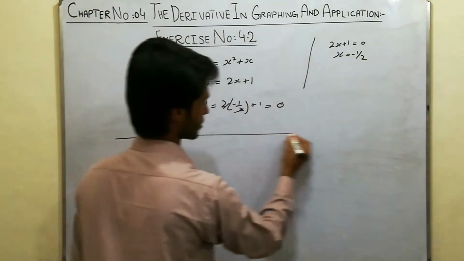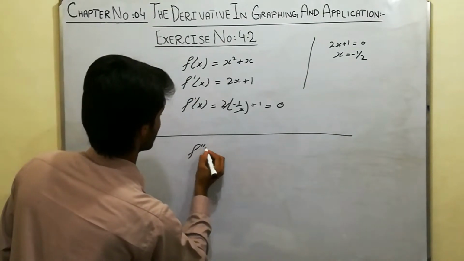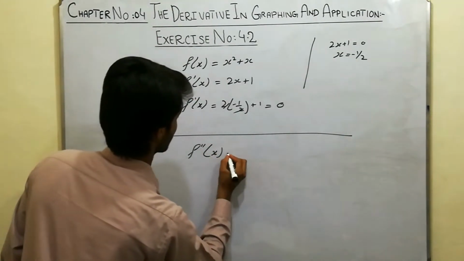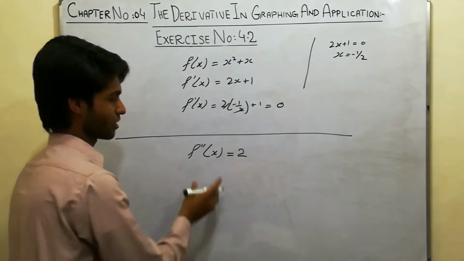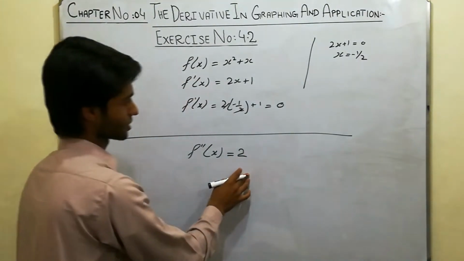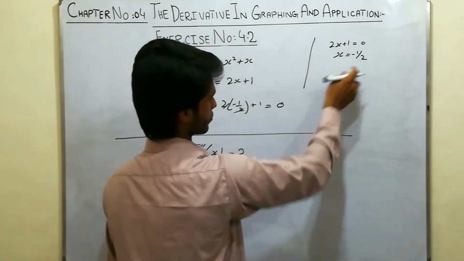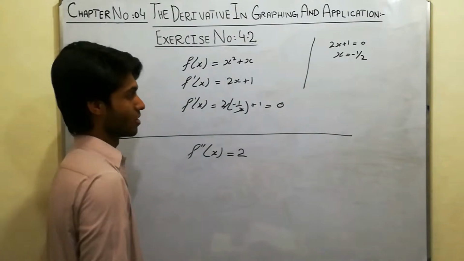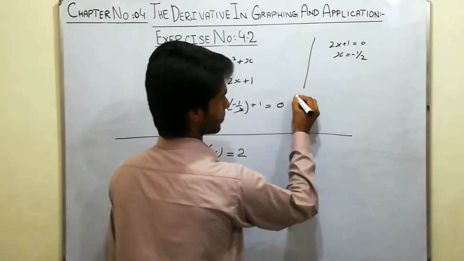And for the second derivative test, I take the double derivative of this function. F double derivative x is equal to 2. It is a constant function. So in the test, when we put x is equal to minus 1 by 2, we have a positive value. Whenever we have a positive value, it means the function has a relative minima.